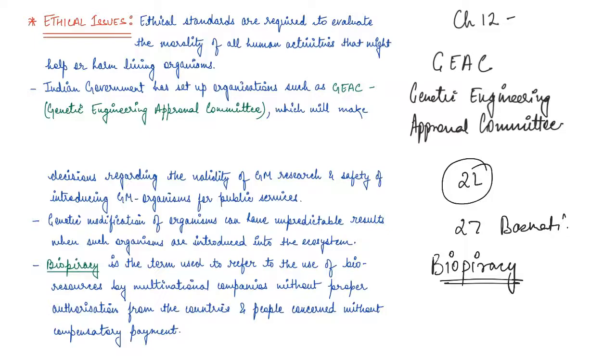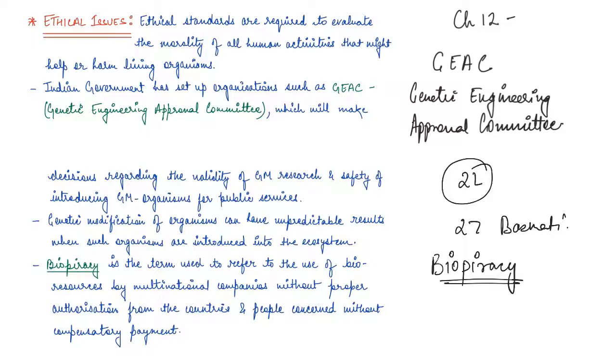And if you give me an option of compensation, and if I'm fine with that compensation, we'll exchange, right? You will give me the compensation that we have agreed upon, and I'll give you that item. But biopiracy is what? Basically, without proper compensatory payment or without proper authorization, there are certain companies and certain organizations which are using bioresources, right?